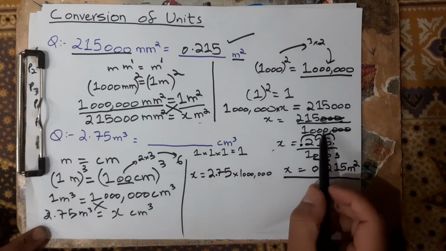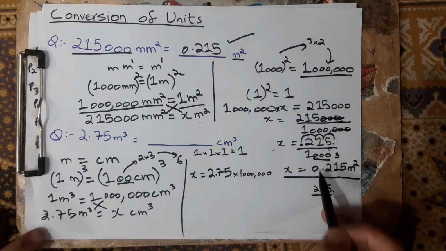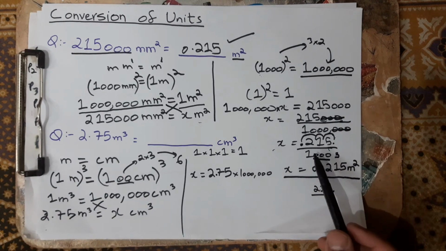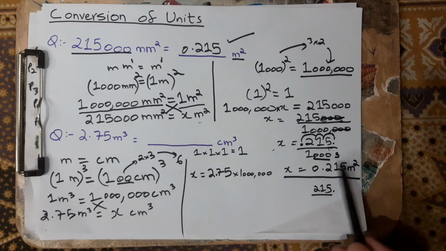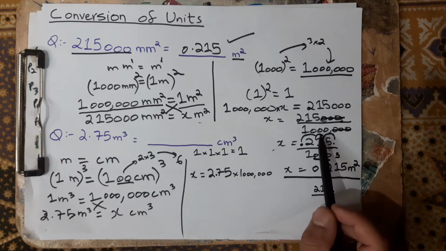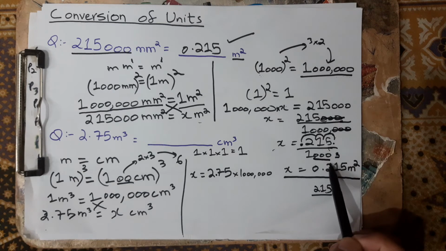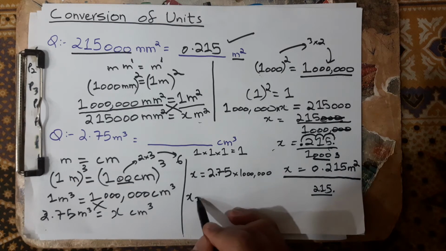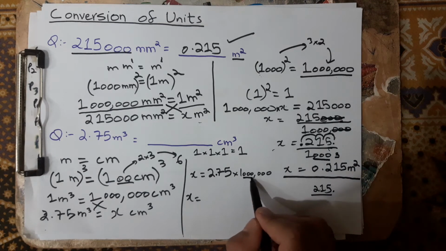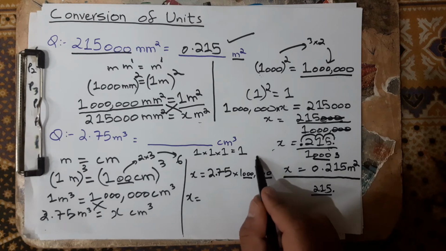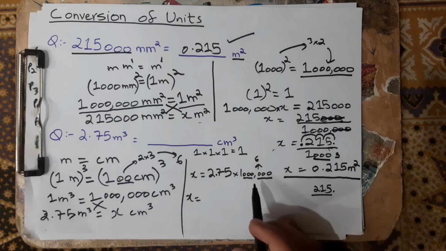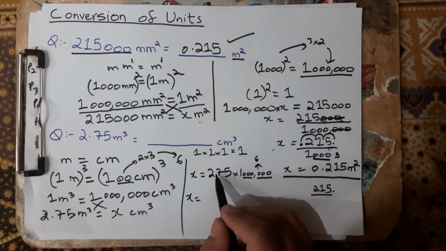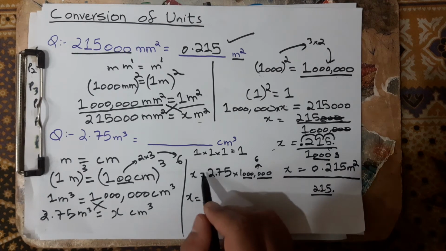In the previous question we divided this number by 1000, so we moved the decimal 3 places backwards because of the presence of these 3 zeros. But in this case, due to the presence of these 6 zeros, we will not move the decimal backwards.